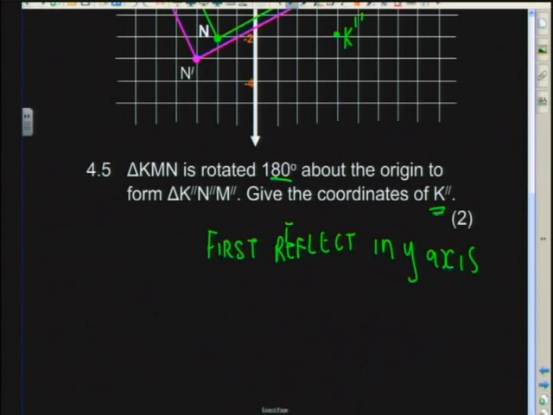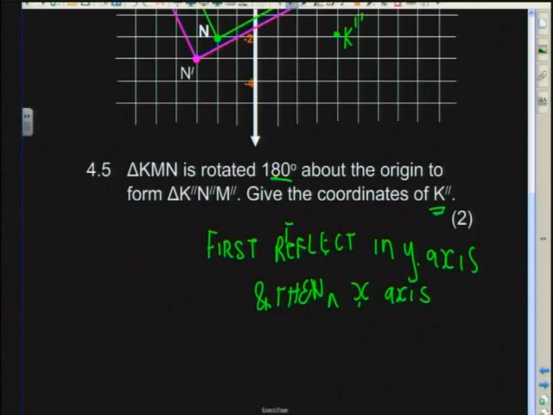So you take the point, first reflect it in the y-axis, and you then take the same point and reflect it in the x-axis. You could alternatively first reflect in the x and then the y, you'll get to the same point.